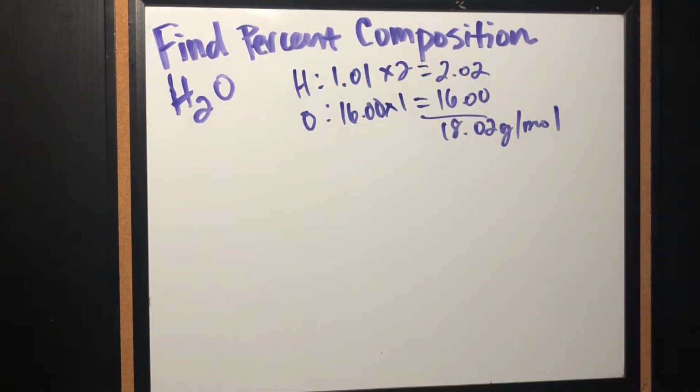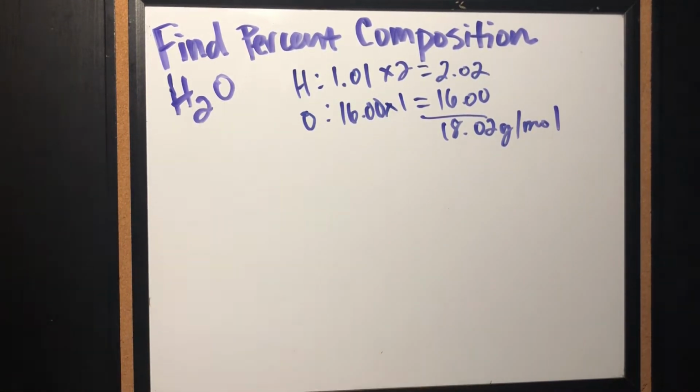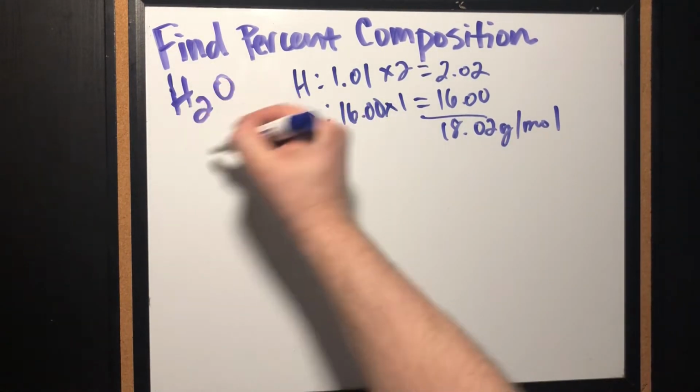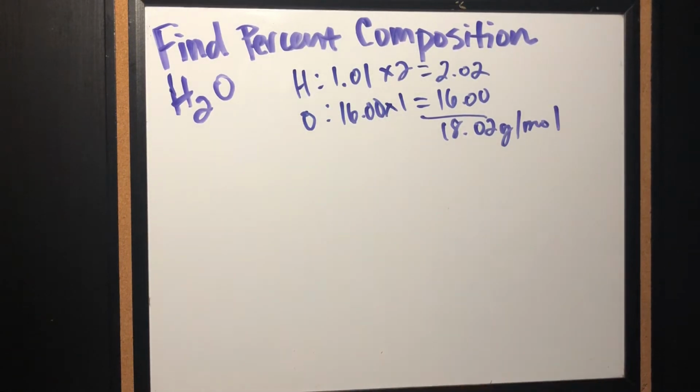All percent composition is, is how much mass do I have of a given element in a sample of the whole compound. So we're looking at the percent composition of an element compared to a compound.